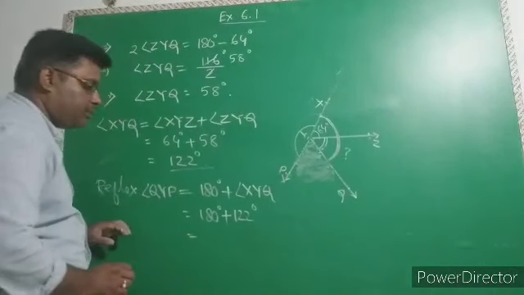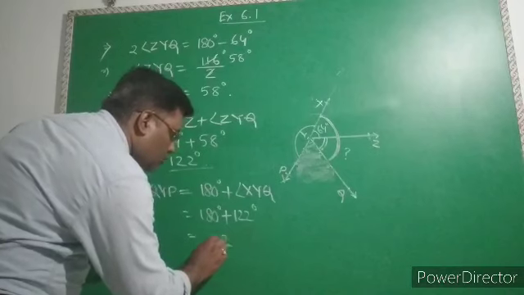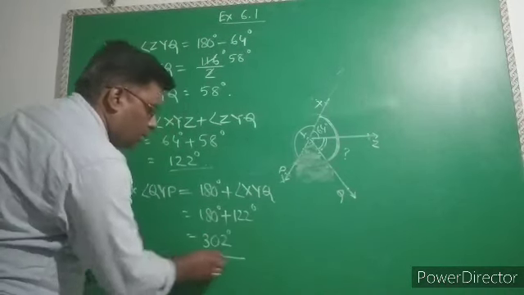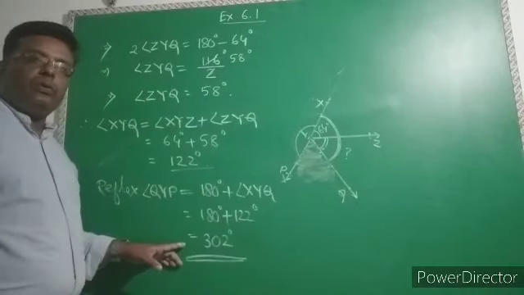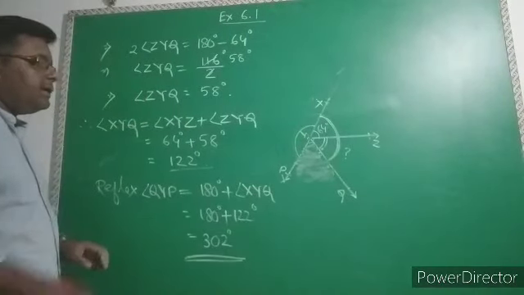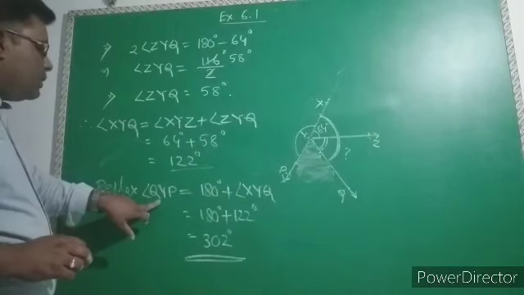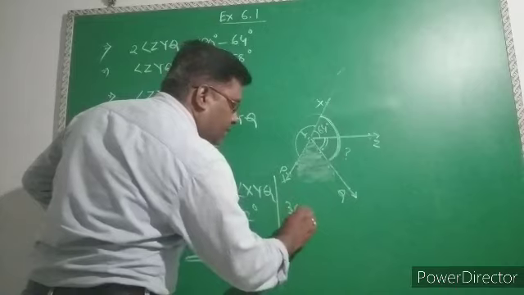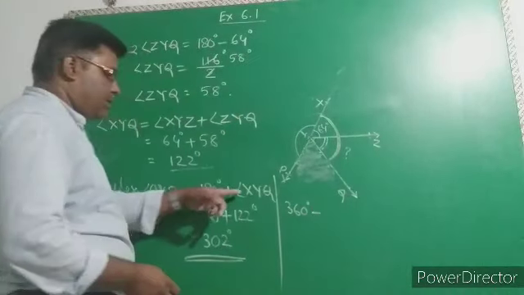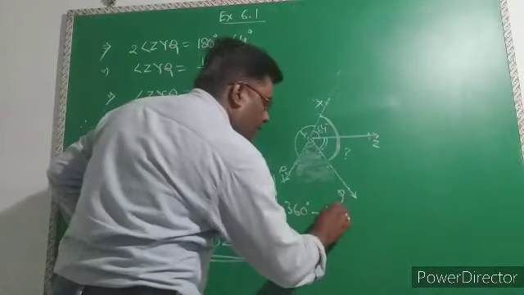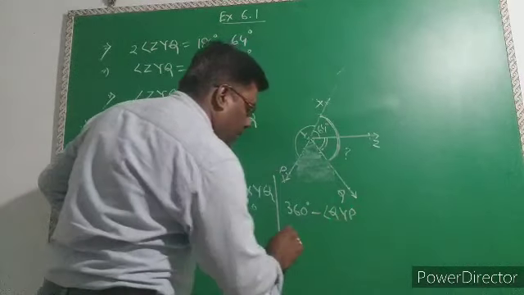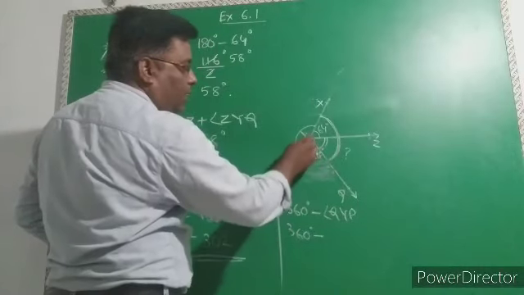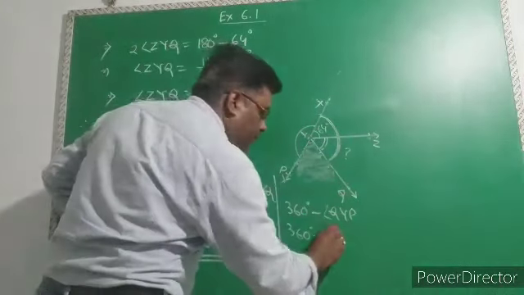So it is equal to 302 degrees. Or you can write the reflex of angle QYP is equal to 360 minus angle QYP. In the case of QYP you can write ZYQ, the same angle.